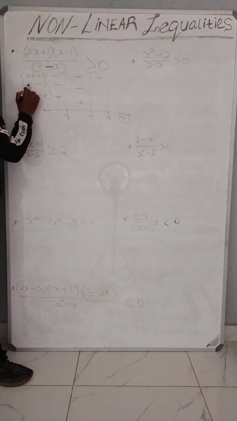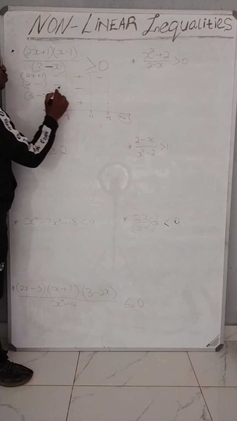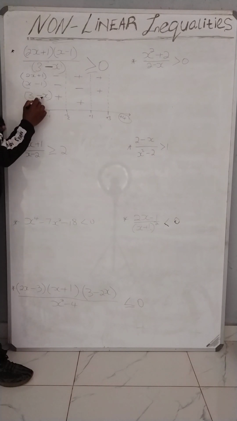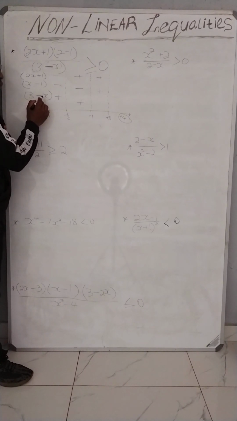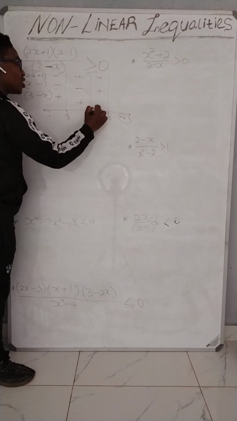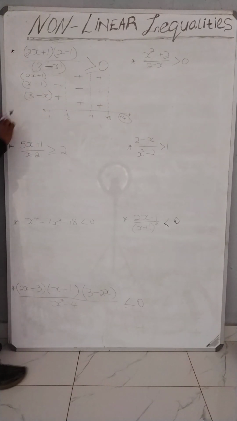And then 2 minus 1 is positive 1. Therefore, this is positive. 3 minus 2 will be positive 1. Therefore, this is still positive. On this side, all of them are positive.